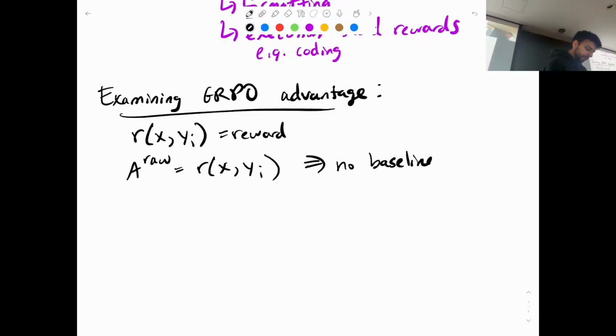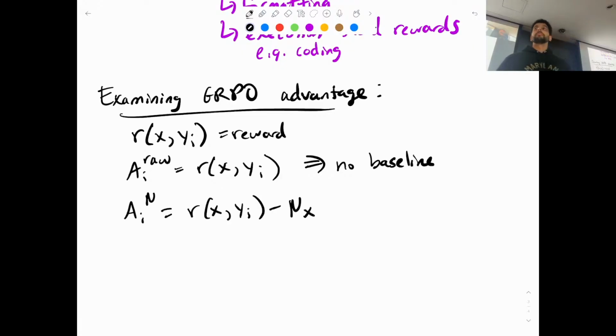So this is generally bad, and we'll see why in this example. We'll also consider a mean-centered advantage, where the mean is computed over all the rewards in the group. And here we don't have any normalization by the standard deviation. We have just mean-centered this. We haven't done anything else.